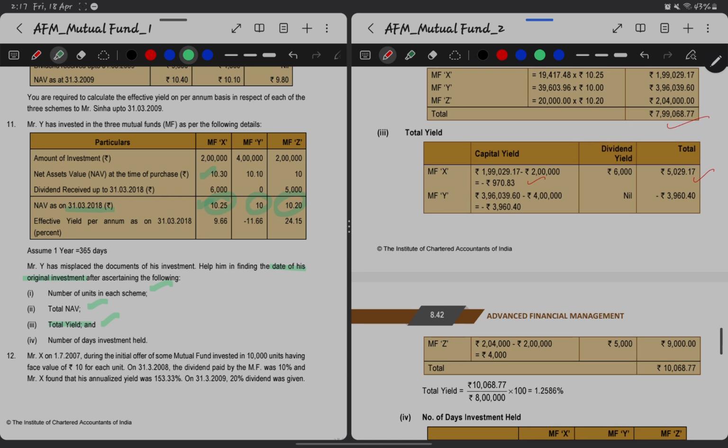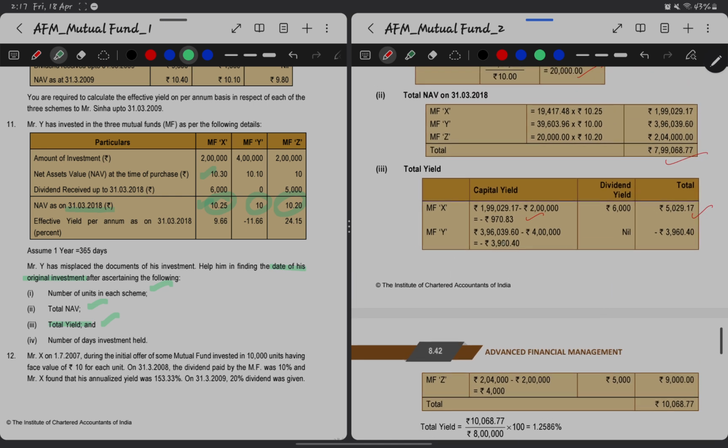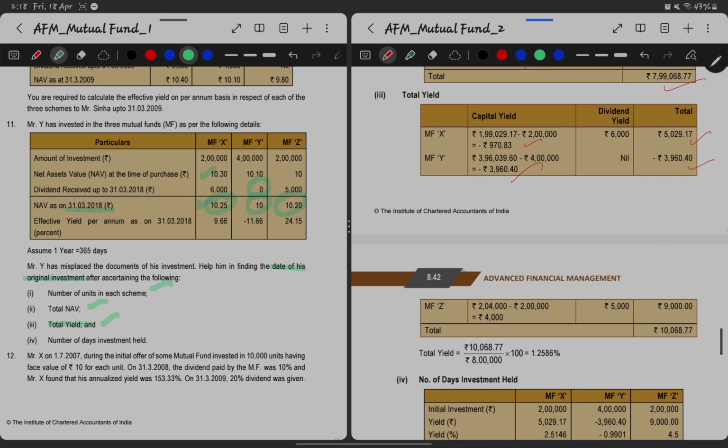In case of MFY, it is 3,96,039 minus 4 lakh. Here also, as we can see, the NAV has reduced from 10.1 to 10. So there is a capital loss and there is no dividend in MFY, hence there is a negative yield in case of MFY.